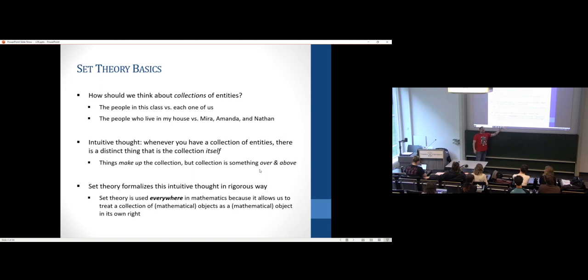So its commitment isn't just to Mira, Amanda, and Nathan, it will also have a fourth thing, the collection that has Mira, Amanda, and Nathan as parts of it. That's the kind of intuitive idea. Again, I think it'll come out as we think more about this general approach.